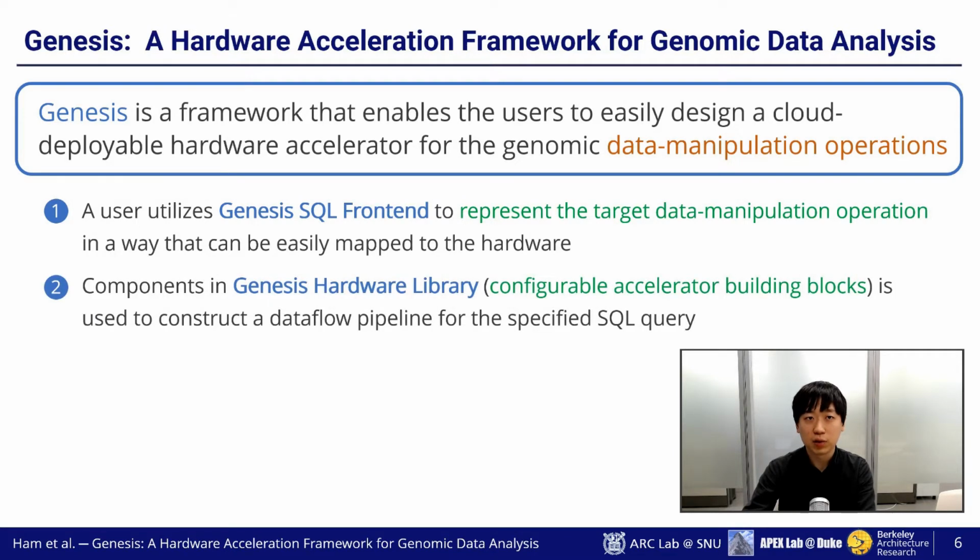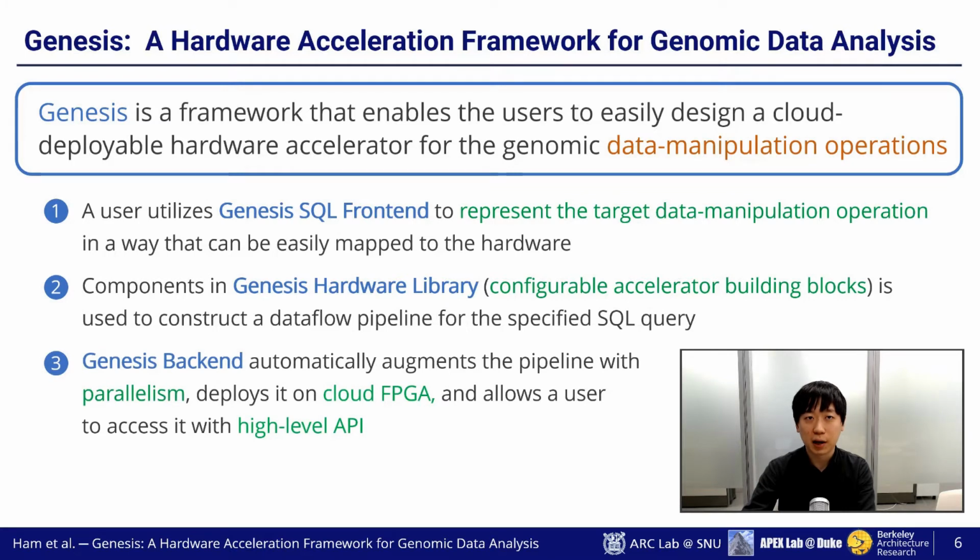Then, the components in the Genesis hardware library, containing configurable accelerator building blocks, are used to construct the data flow pipeline for the specified SQL query. Finally, the Genesis backend automatically augments the hardware pipeline with parallelism, deploys it on Cloud FPGA, and allows a user to access it with a high-level API.